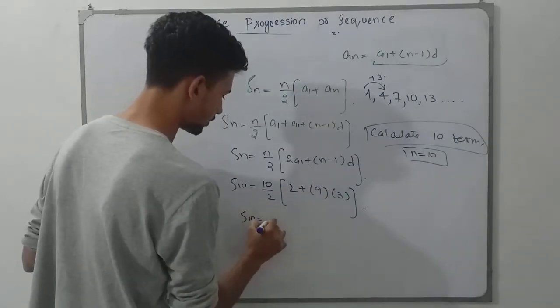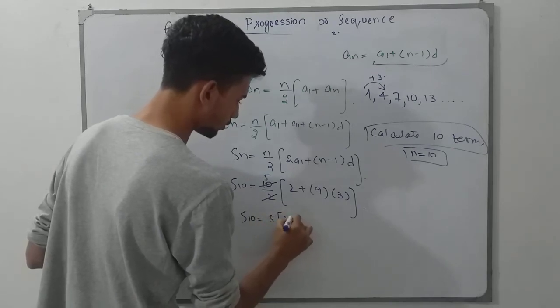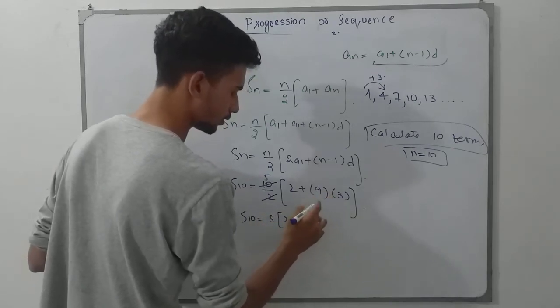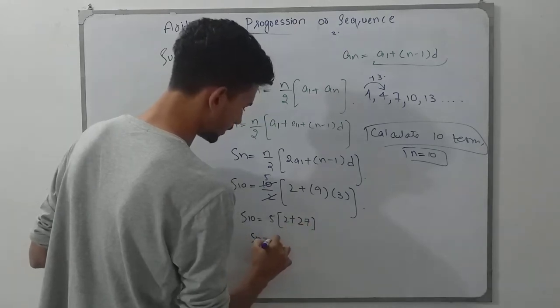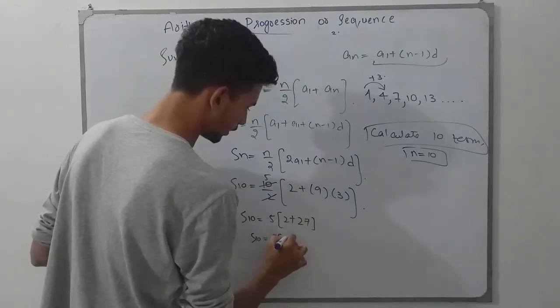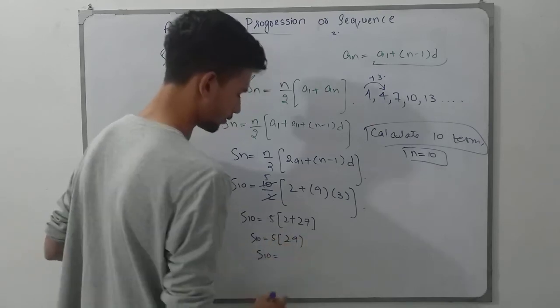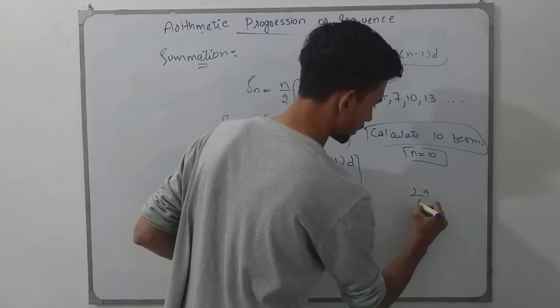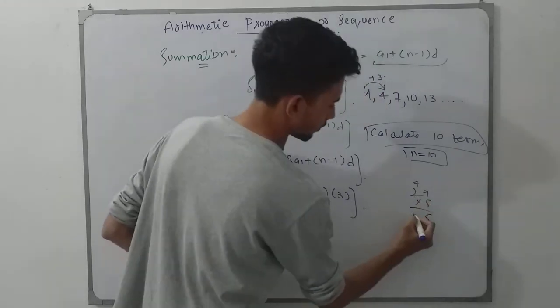So S10 is equal to 5 times (2 plus 3 into 9, which is 27). So S10 is equal to 5 times 29. So we can multiply here, 5 into 29 is 145.